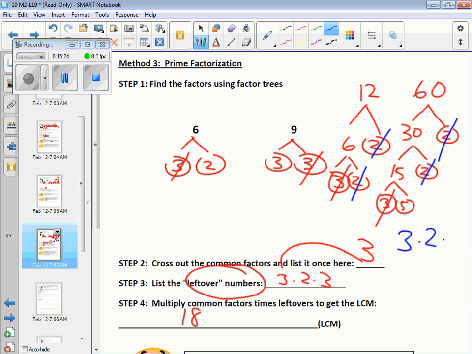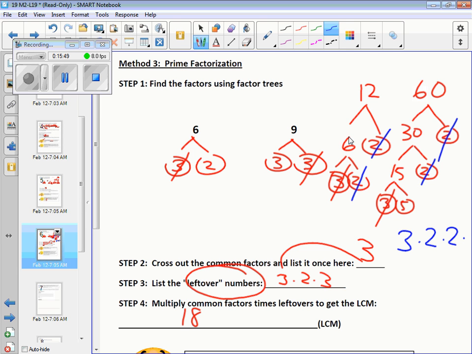Cross them both out, but only list it once. Anything else? Okay, you go with your question. Yes. And you'll see that's the direction it's going. So we don't have any more common factors, right?